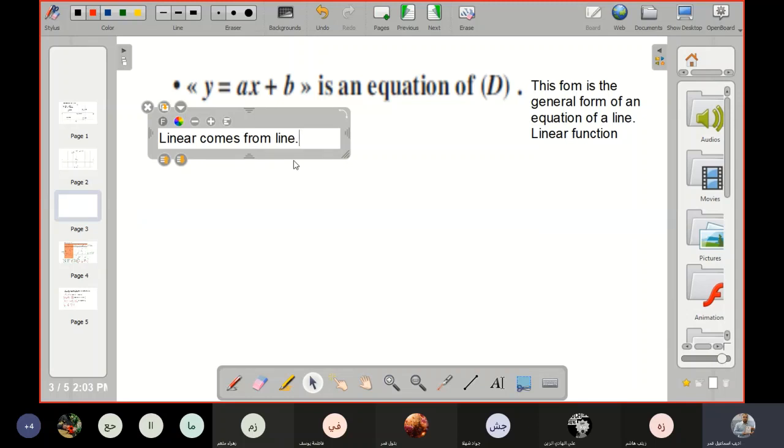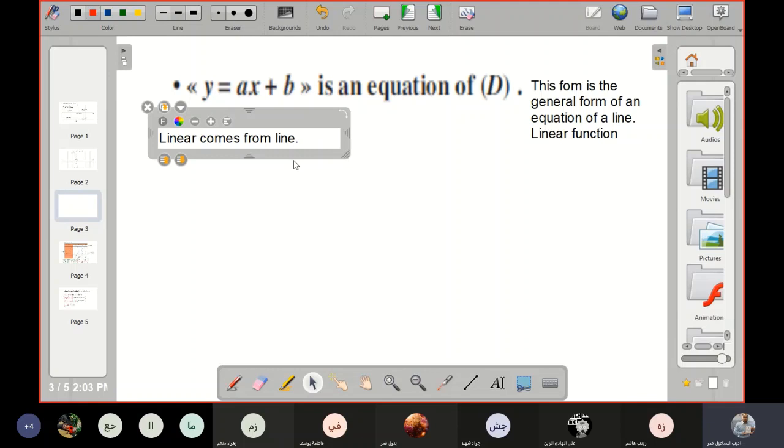We have other equations: equation of a circle, equation of a parabola, equation of a hyperbola. These you are going to see in the secondary classes. But here in grade 9, we are going to work only with linear functions. Linear functions mean lines. We are not going to work with equations of circle or parabola or hyperbola here in grade 9.